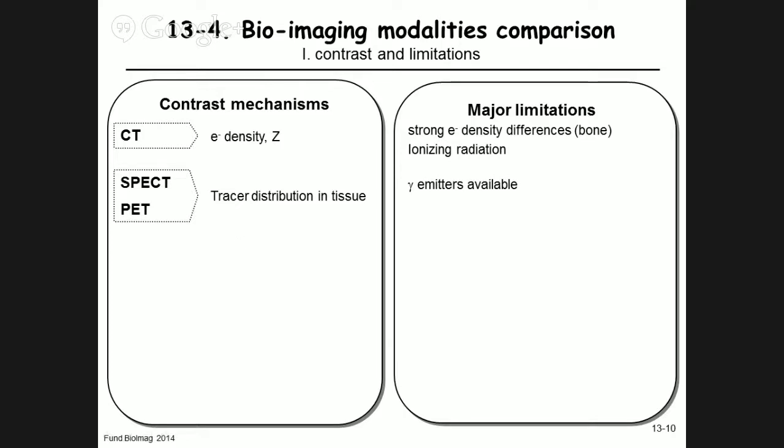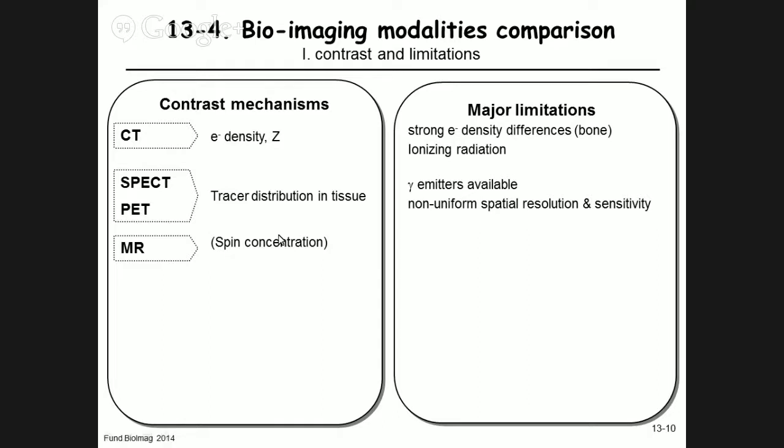The limitation for SPECT is the choice of gamma emitters that are available, who emit the X-rays in a suitable window that one can detect. Another limitation is that these techniques typically have non-uniform spatial resolution and sensitivity. For positron emission tomography, I subsumed that under gamma emitters, of course, there the modality is limited to nuclei that are positron emitters.